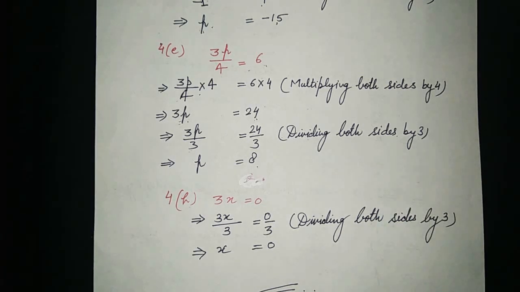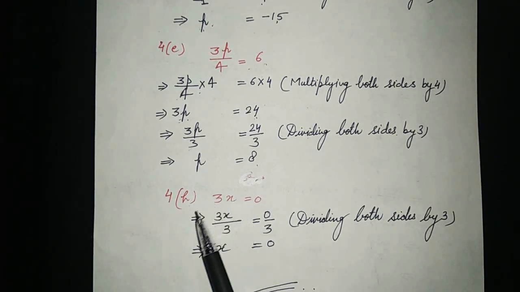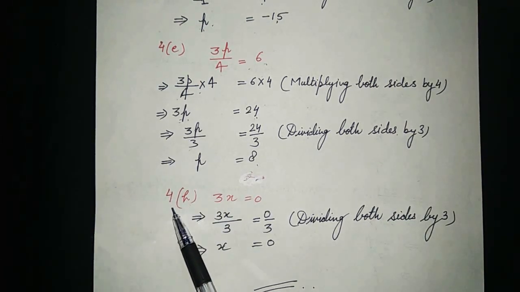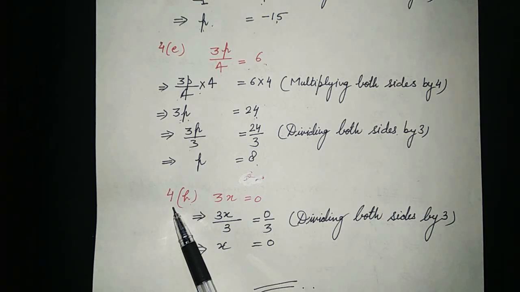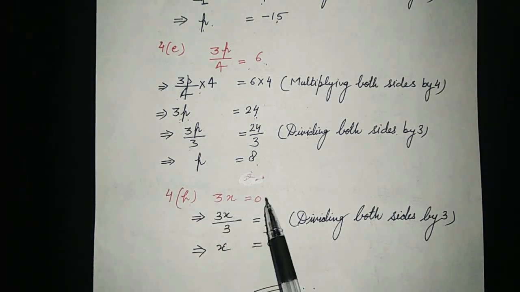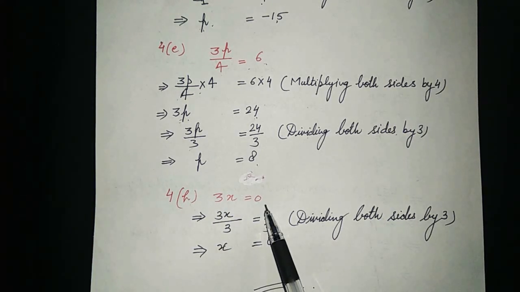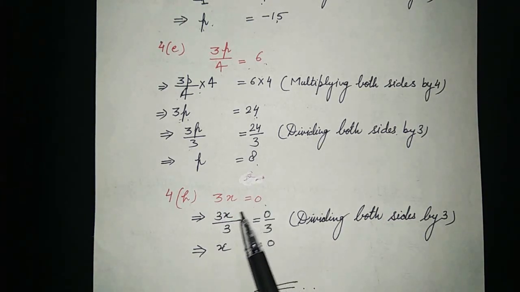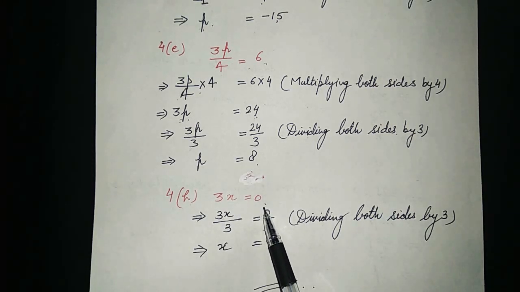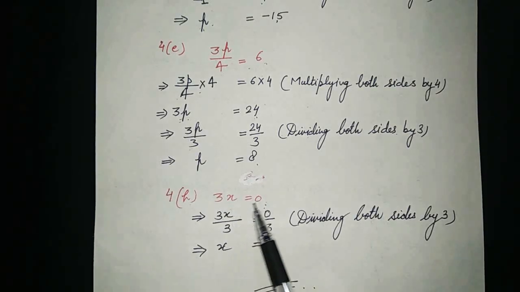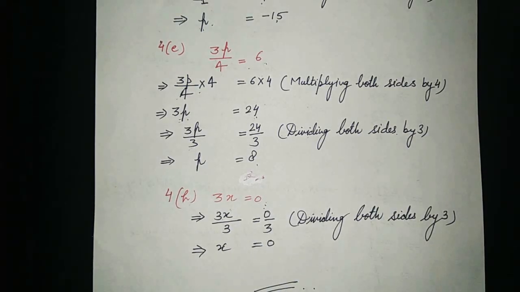Okay. Now you see H part of question number 4. To solve this equation 3x is equals to 0, I think you understood you all. Here 3x and 0 of left hand side and right hand side, both we will divide by 3.